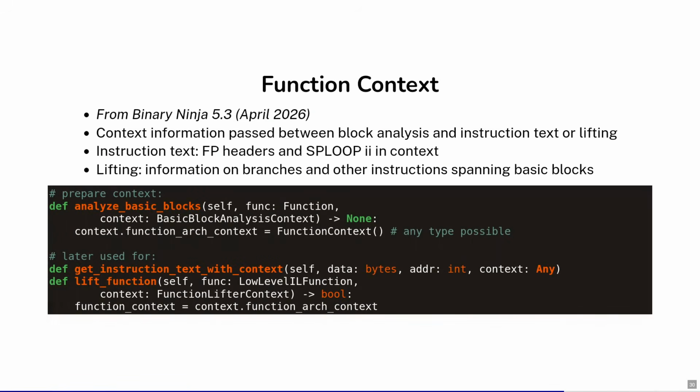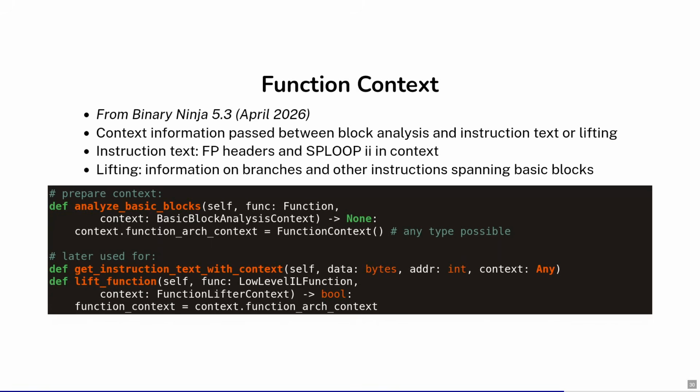The second to last update they provided is function context. This is an update that provides us with the option to store context during the basic block analysis. So it always has to be paired with a custom basic block analysis.